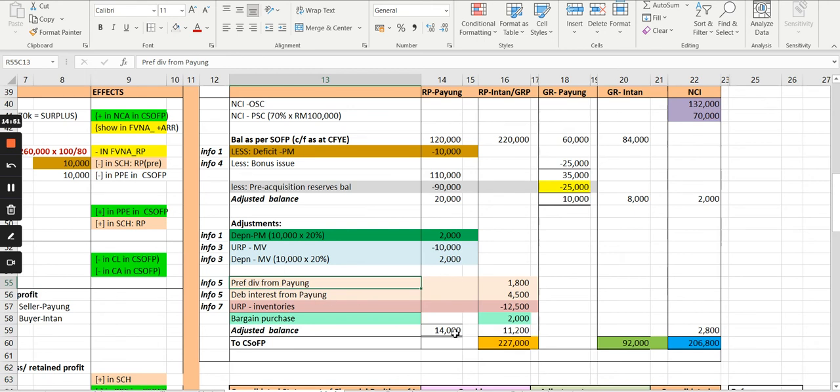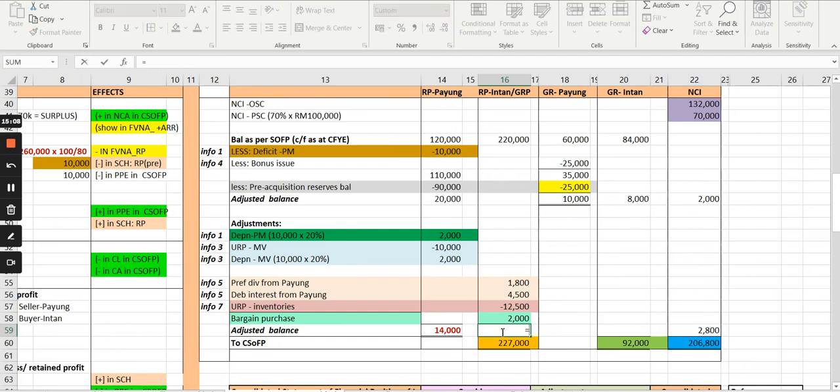And for that purpose, you can now total up what is the reserve figure for your retained profit of the subsidiary and take your share of profits. So your share of profit would be 14,000 multiplied by 80%, and you get 11,200.